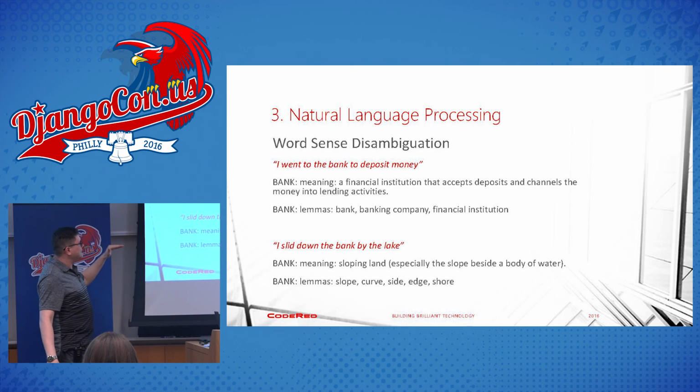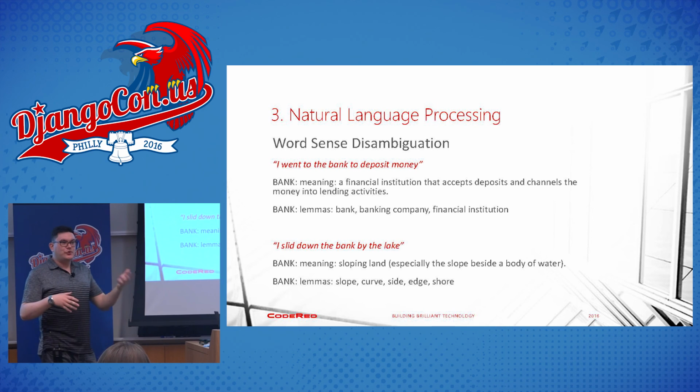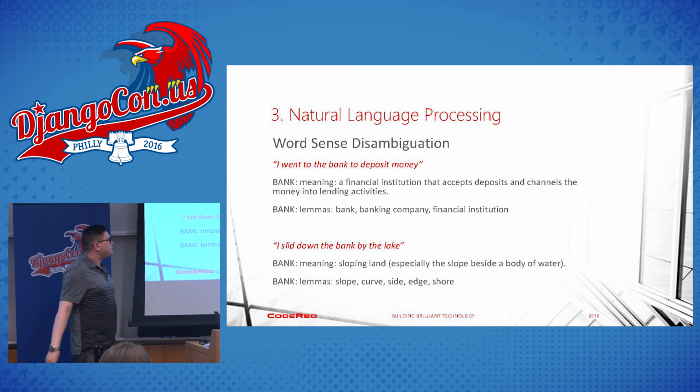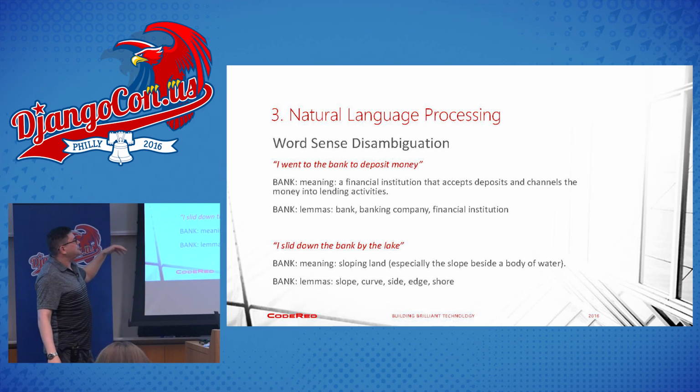And then in our other example, I slid down the bank by the lake. Here we identify the meaning of bank to mean sloping land, especially beside a body of water. And the lemmas would be slope, curve, side, edge, shore, shoreline, etc. So if we were using word sense disambiguation to compare the similarity of these, we would not even put them in the same class whatsoever.